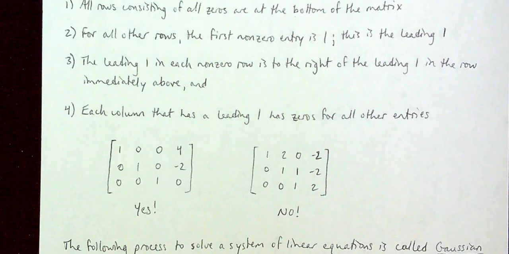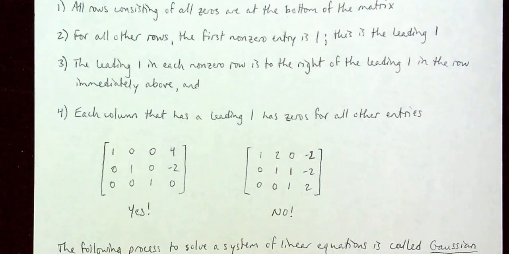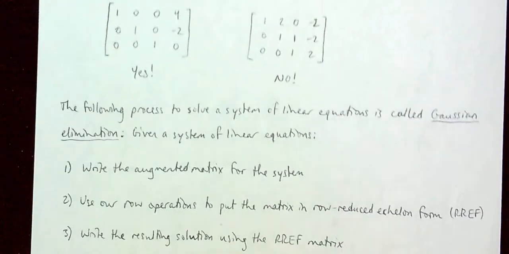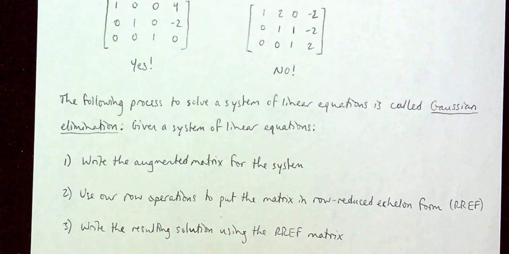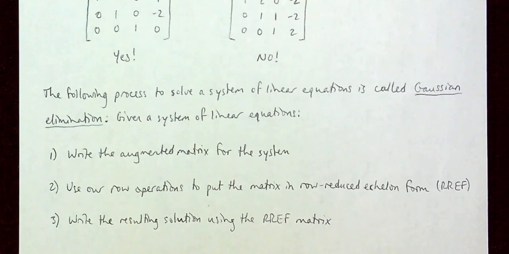So once we have a matrix in row-reduced echelon form, earlier in this video we did mention that we should be able to take a matrix and turn it back into a system of linear equations. And this whole process is known as Gaussian elimination.